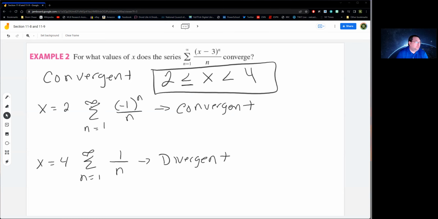So that's true. And that the series is decreasing. So 1 over 2, the second one is always going to be less than the previous one. So that series is decreasing. Since it's decreasing and the limit goes to 0 and it's alternating because of the (-1)^n, it's convergent. All right.